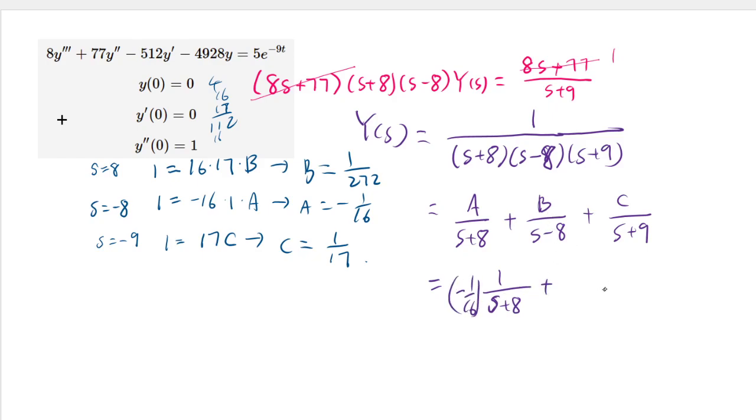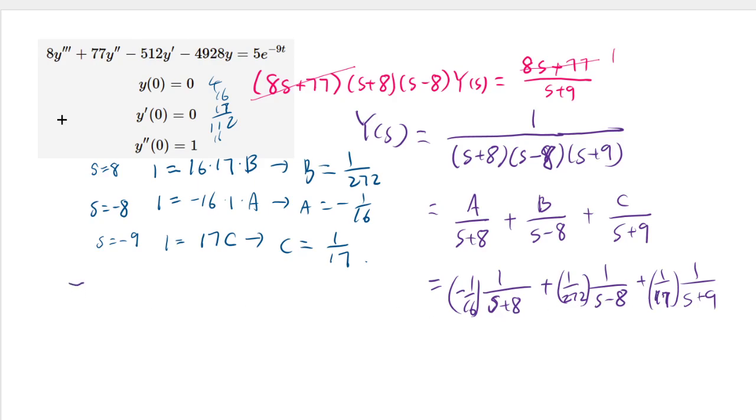And then this is b times 1 over s minus 8, but b is 1 over 272. And then this is c times 1 over s plus 9, and c is 1 over 17.